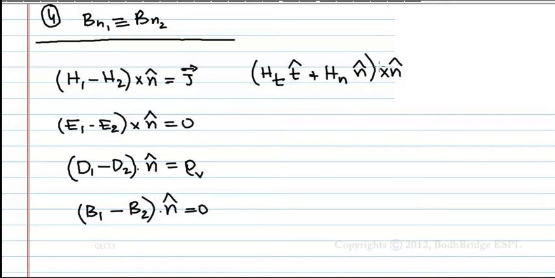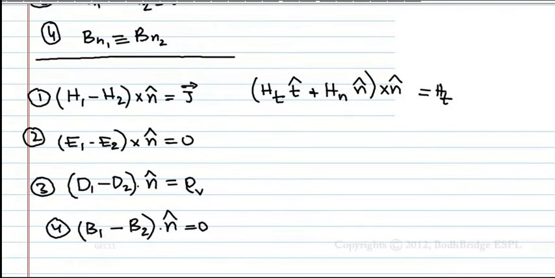Here n cap cross n cap has angle 0, therefore sin is 0. Therefore this becomes HT. That is why I can write these boundary conditions in this way also. You can use these four conditions or the above four conditions. All are the same.